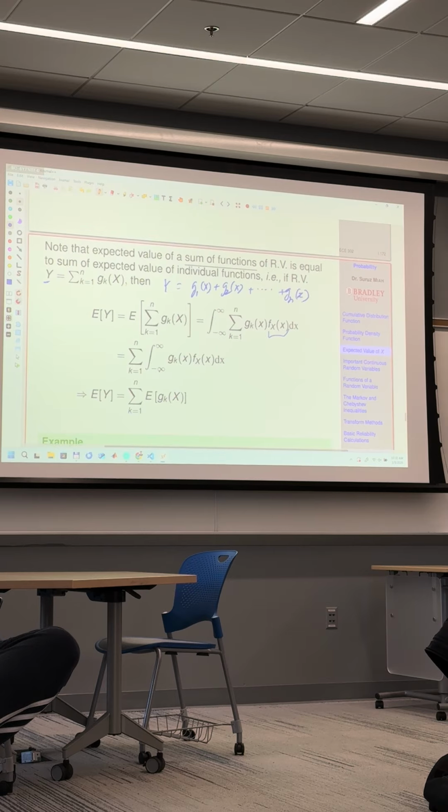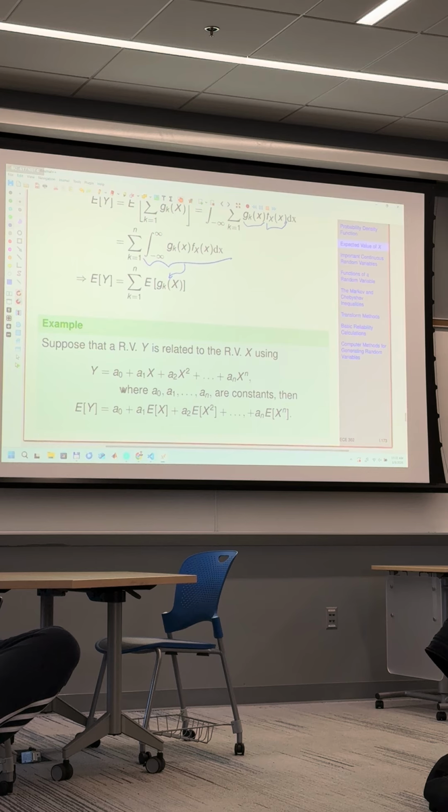Now, this is nothing but the expectation of the individual functions. So the expectation of a random variable that is a summation of other functions is the same as the summation of the expectations of the individual functions. That's what it means. And I have one small example, and I gave you the solution. If y equals a naught, and there is a direct consequence of this formula, guys.